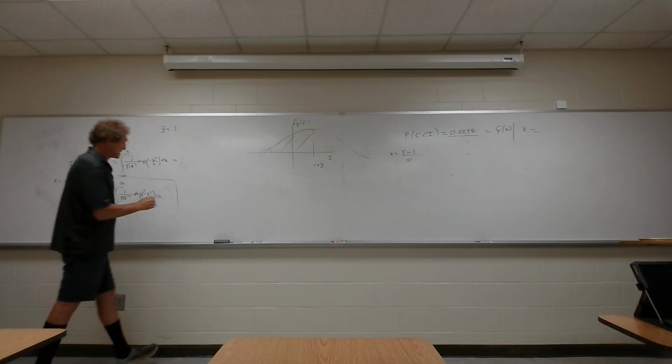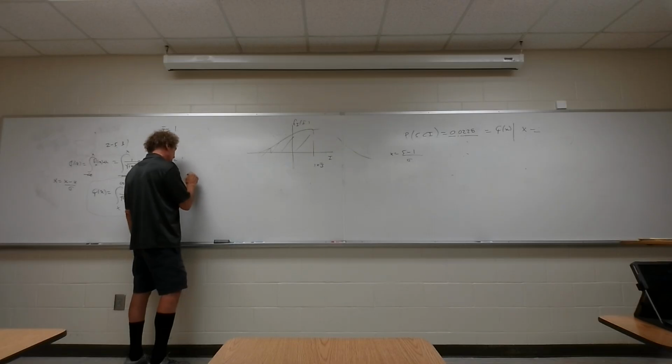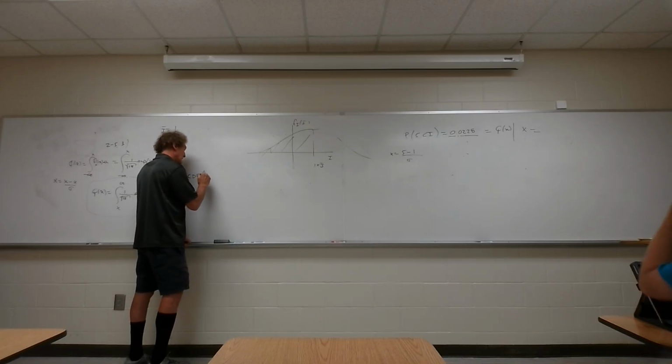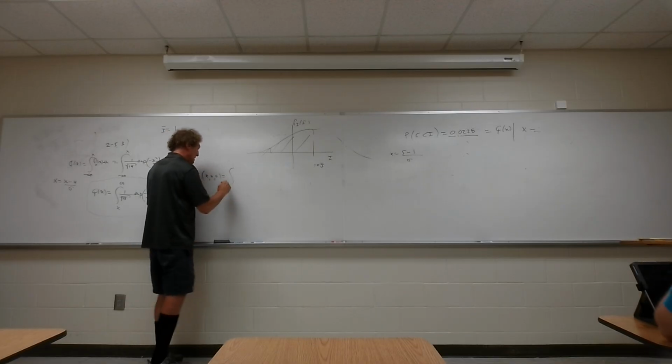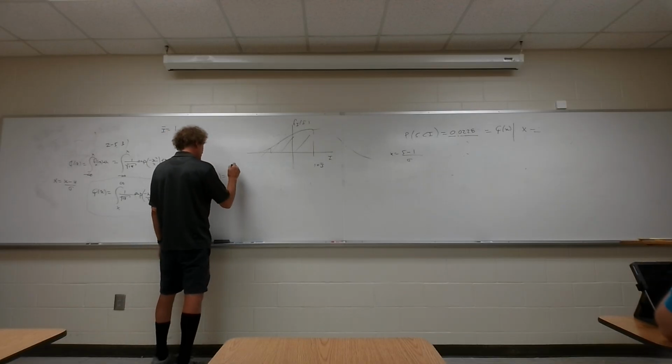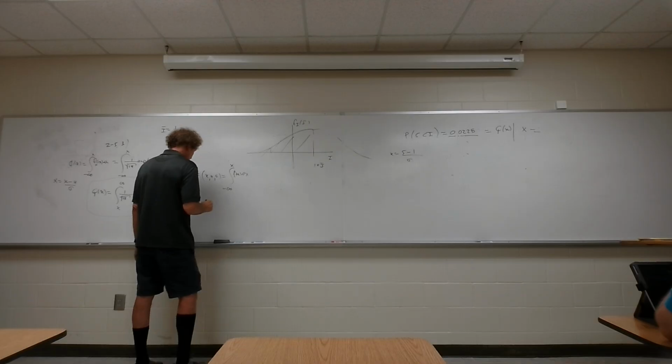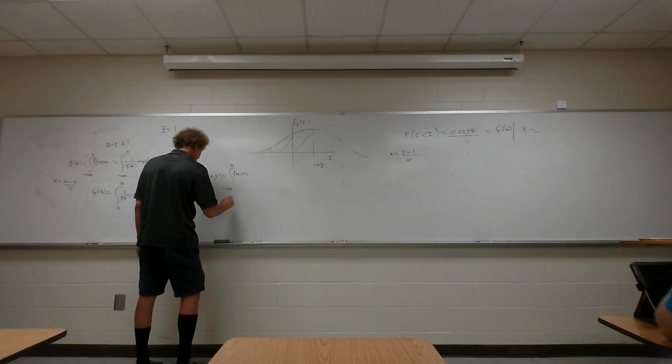With your function, because your cumulative distribution function right here of x, u, and sigma is equal to the integral from minus infinity to x of that f of x dx. There's a complementary function you have also.